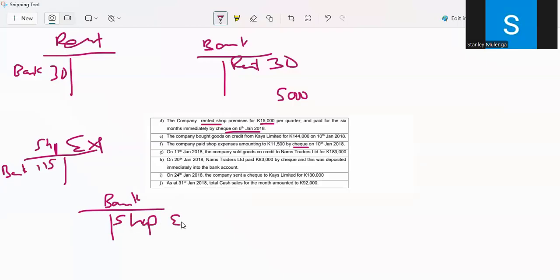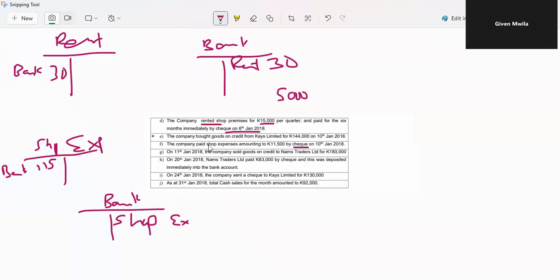Are we on E or F? Have we done this one? E. Okay, we'll get back to E. Let's do F, then we go back there. Paid shop expenses. F we haven't done. We haven't done E as well. So let's start with F, then go back to E. Okay.